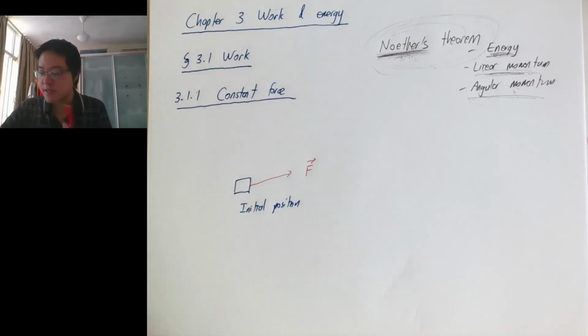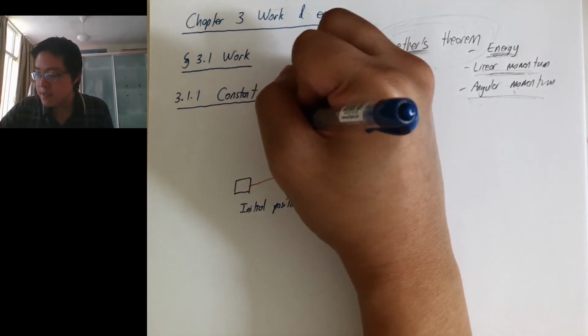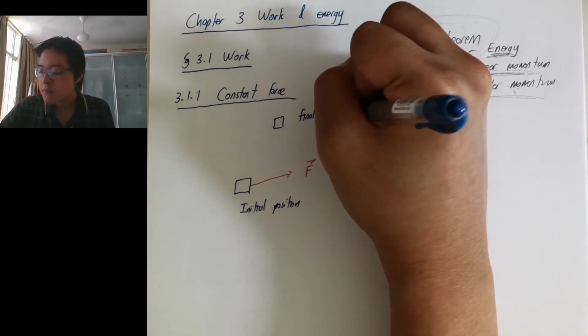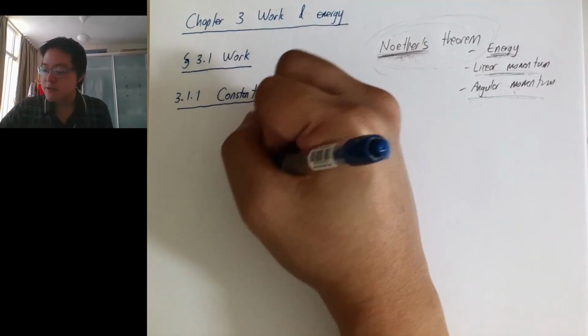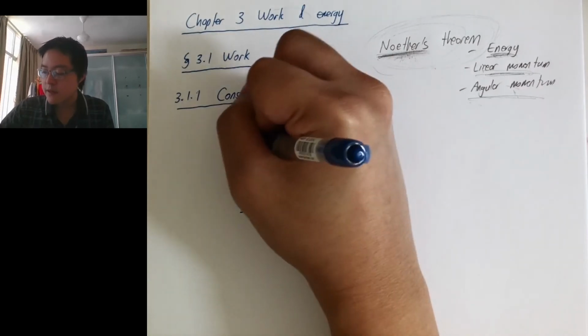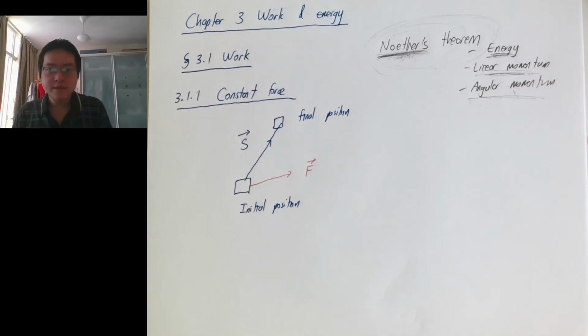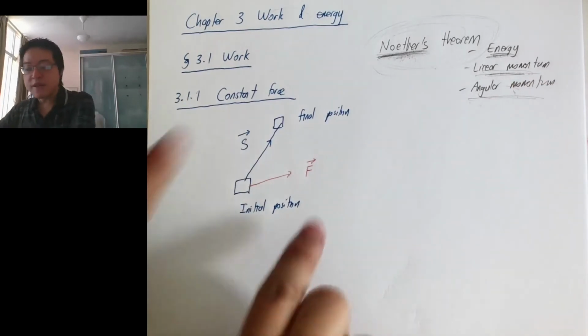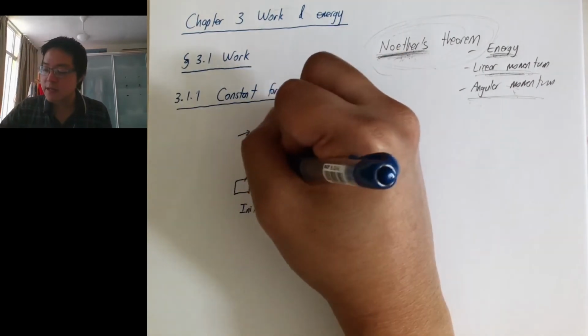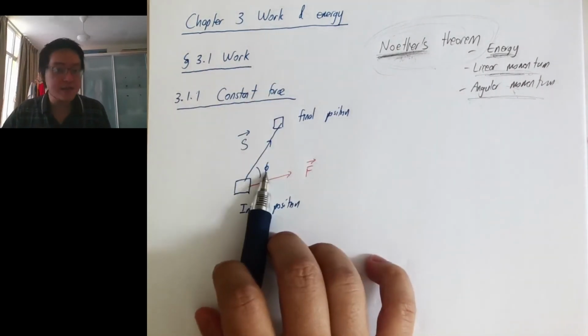I'm not resolving this yet, but let's say at some later time the object has shifted to here. Then the displacement is another vector like this. These two vectors may or may not be in the same direction. I purposely draw it in a different direction here, but if the angle is 0, then it is the same direction.